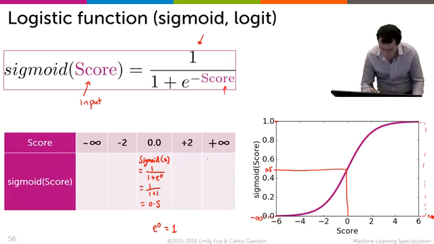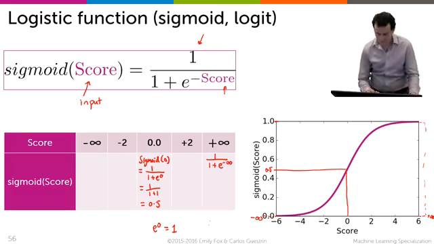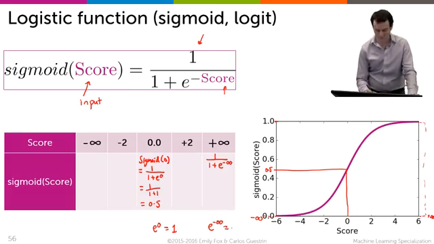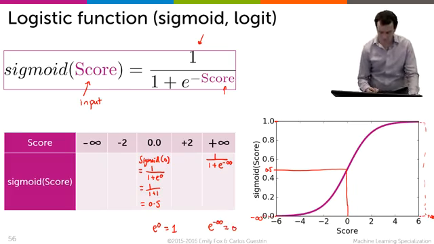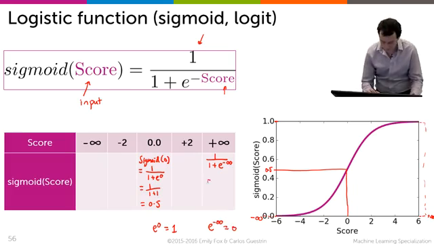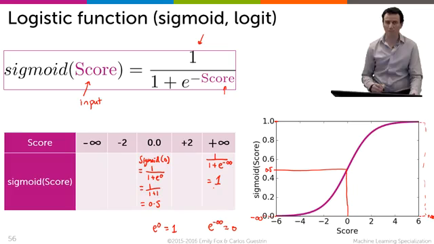So let's see what happens to sigmoid of plus infinity. That's 1 over 1 plus e to the power of minus infinity. And cheat sheet here, e to the minus infinity is equal to 0. And so this thing here directly gives you the output 1.